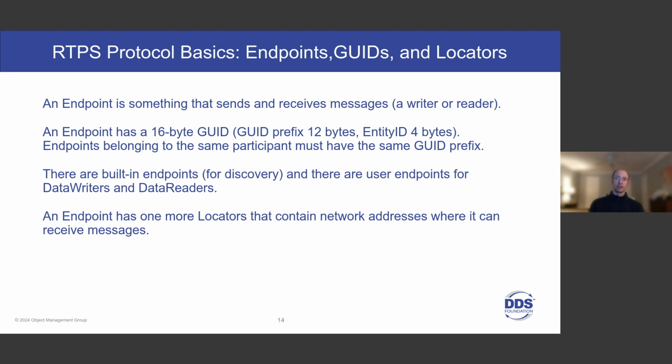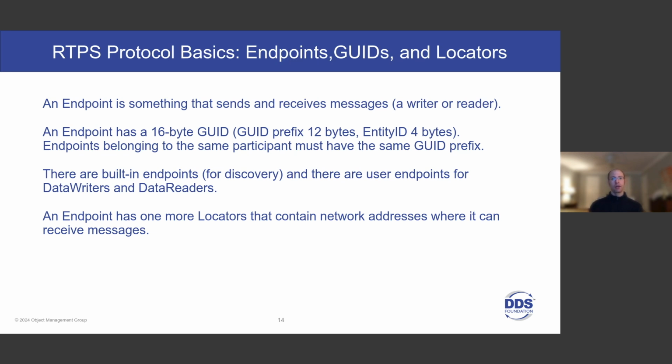There are built-in endpoints, built-in readers and writers for discovery, which are not necessarily influenced by user activity directly. They're influenced indirectly as users create data readers and data writers and things like that. And then there are obviously the user endpoints, which correspond to the data writers and data readers that they create in their application.